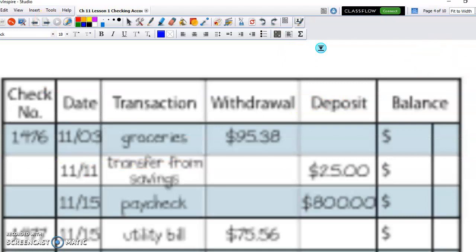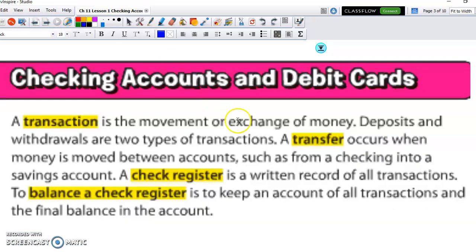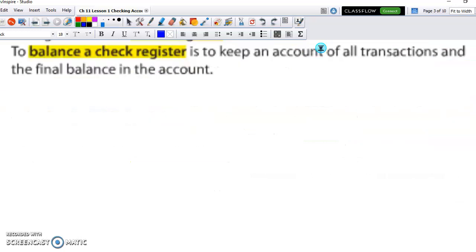Oh, I'm sorry, this is a little bit blurry, but if you see, it has the date of the transaction and what it's for. Sometimes, instead of just saying groceries, they'll say Kroger or something. Withdraw means we paid for groceries, right? Nobody paid us. Then you would have the balance right here of how much money you have in your account.